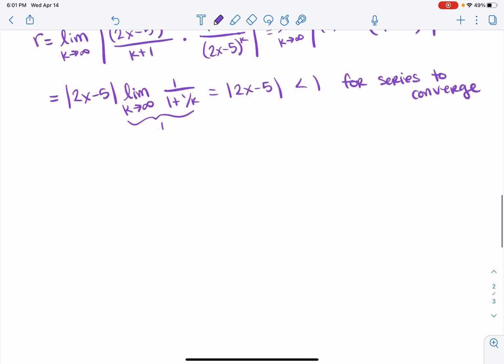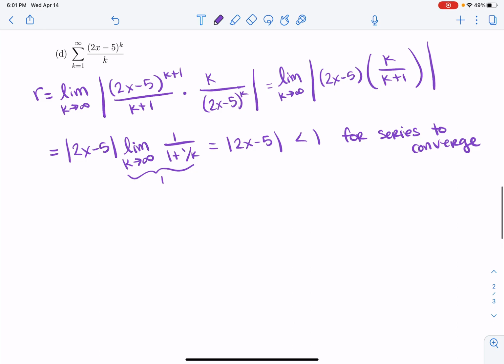Okay, so let's see. I need to test some points. So this means I need to test the points 2x minus 5 equals minus 1 and 2x minus 5 equals plus 1. So what are those?